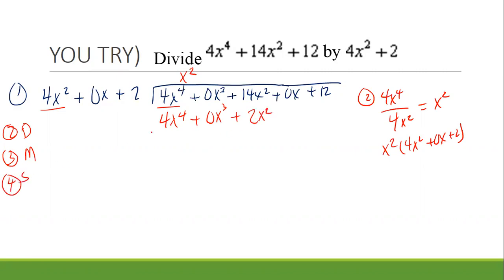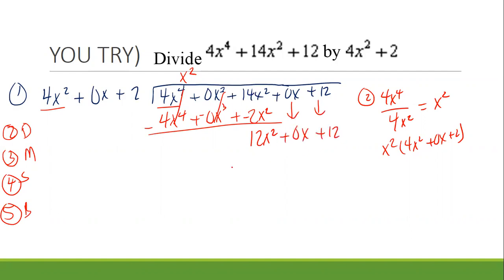Then I subtract, and that gives me 12x squared. I bring down because 12x squared is not a lower degree than my divisor. So we have plus 0x plus 12.